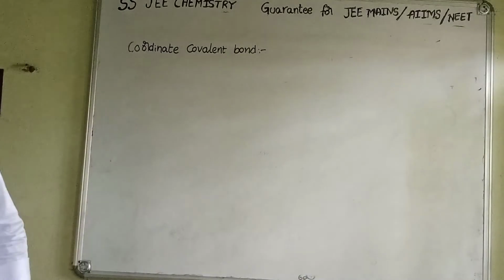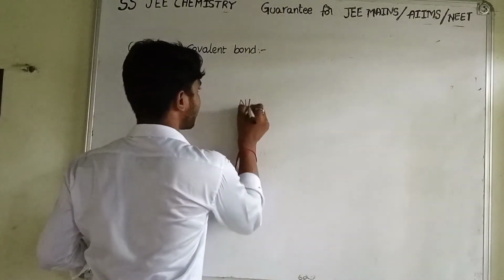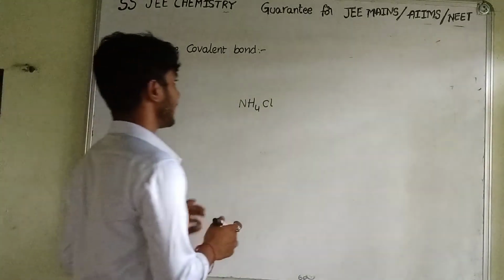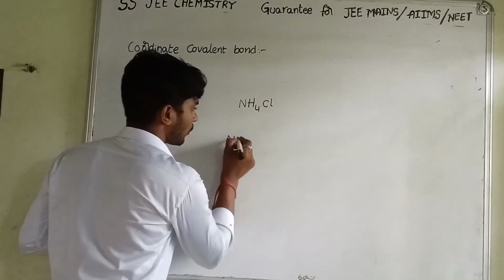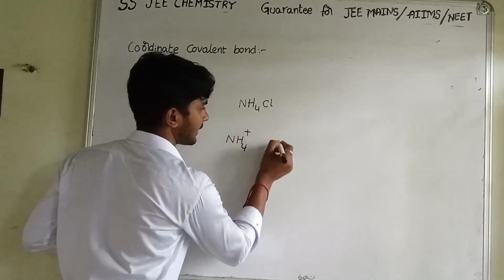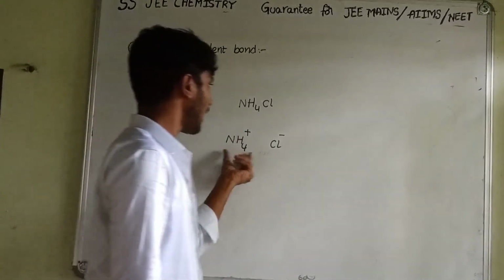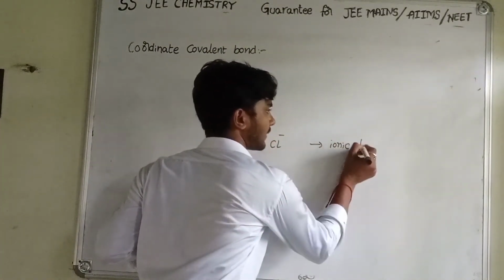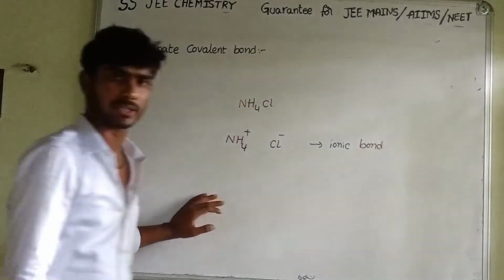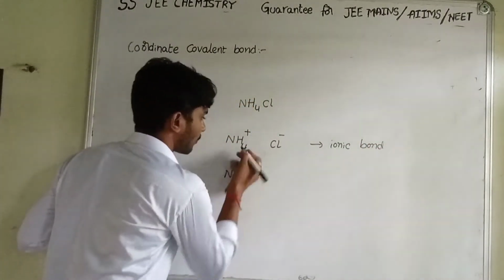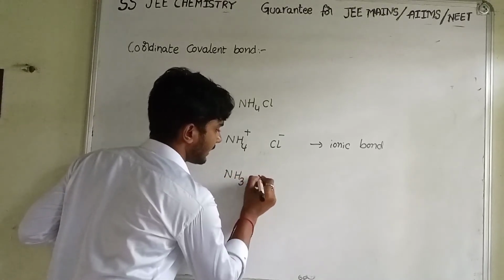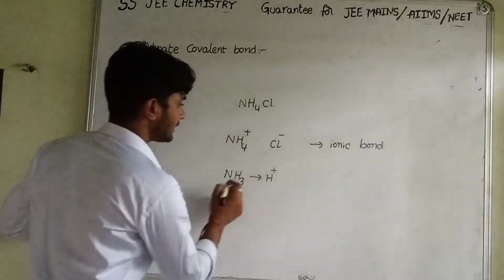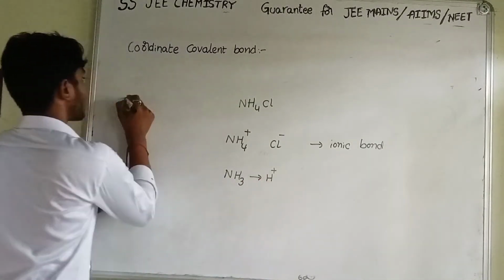Next, one more example: NH4Cl. In NH4Cl, NH4 plus and Cl minus ions are formed. The attraction between the ions is called ionic bond. NH4 plus means NH3 plus H plus gives rise to NH4 plus.